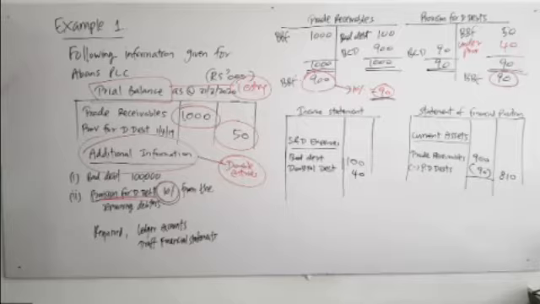Already 50 is provided, so we have to provide only another 40, since 50 is already available in the account.